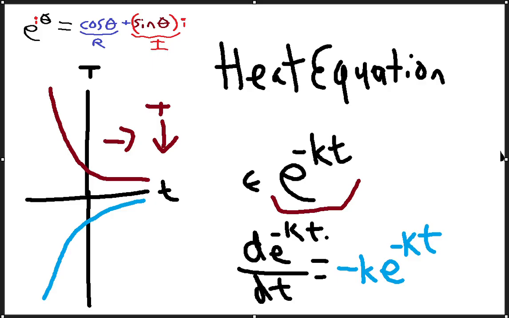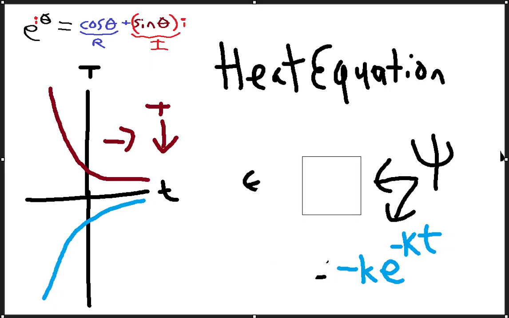But this is not good for a quantum particle, because if psi is like either of these, then as time progresses, the probability of finding something like an electron goes down to 0, and that won't do.